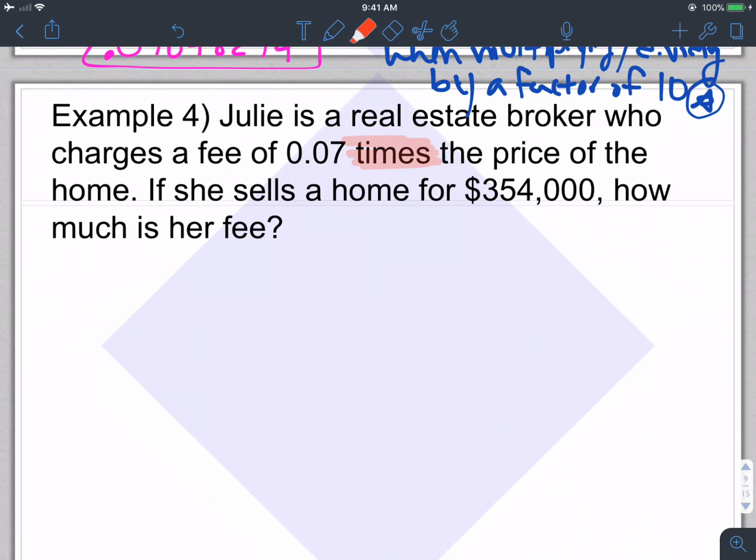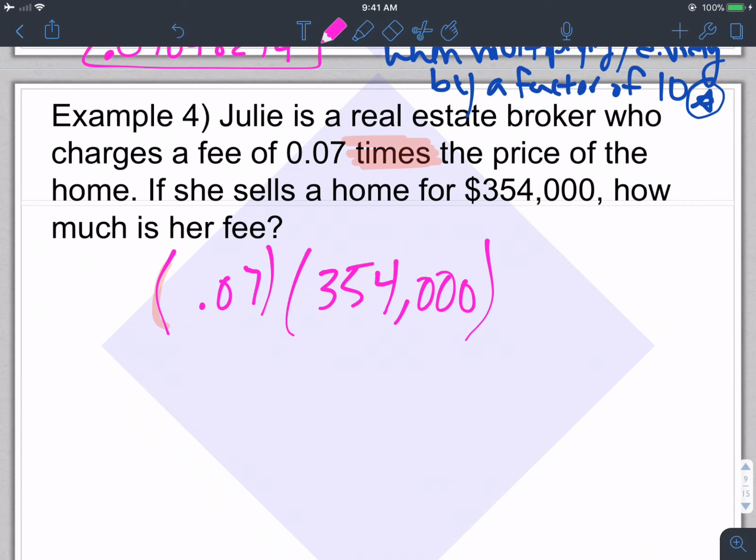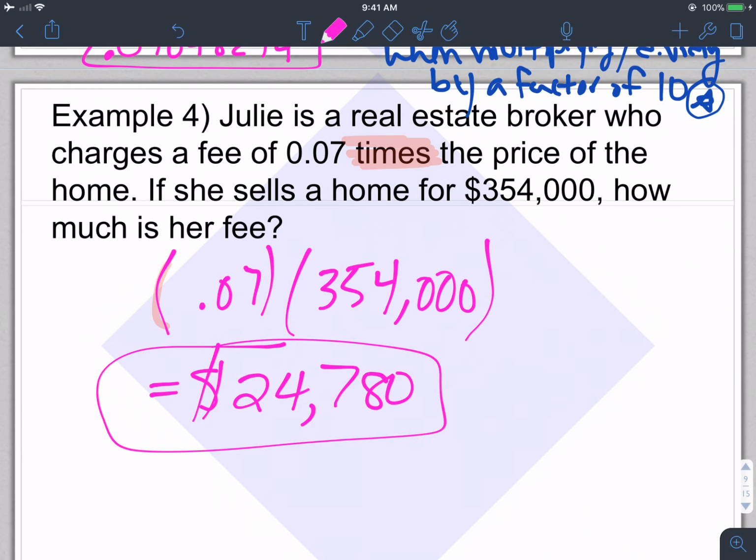Multiply. .07 times $354,000. $24,780. Man, the real estate business is nice.